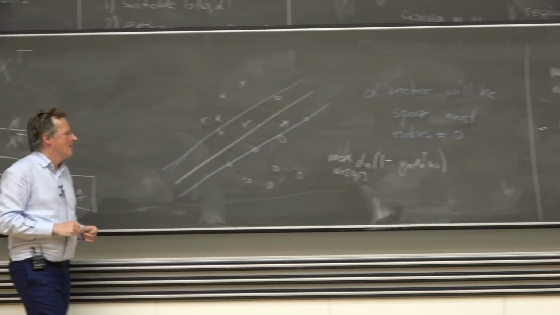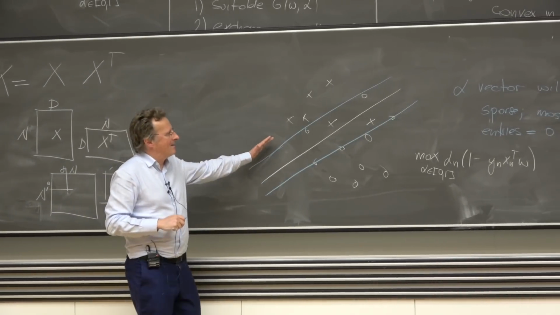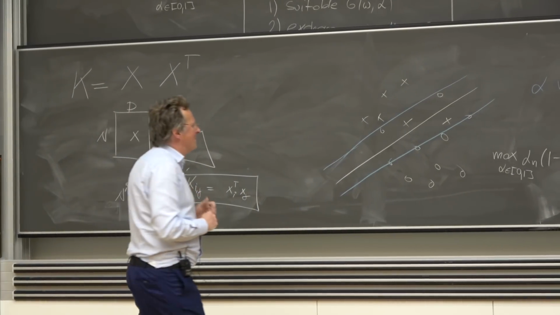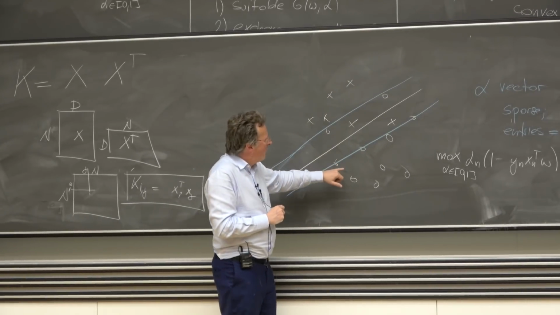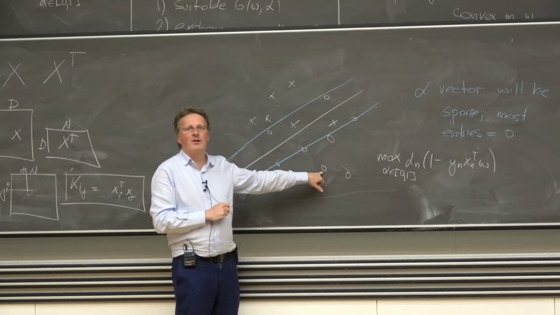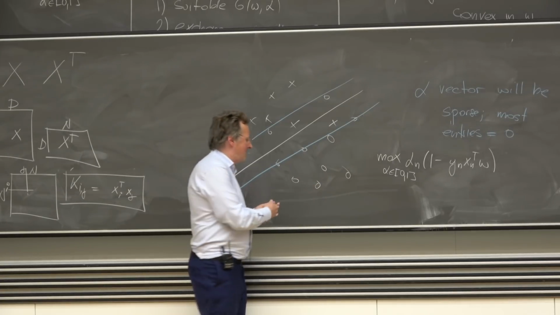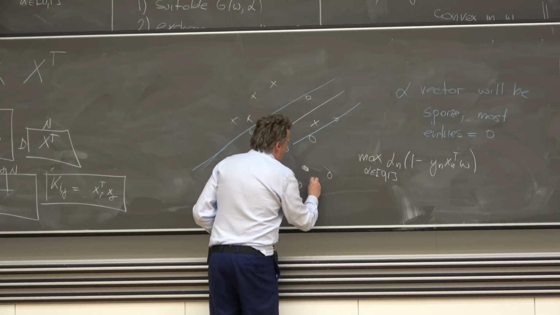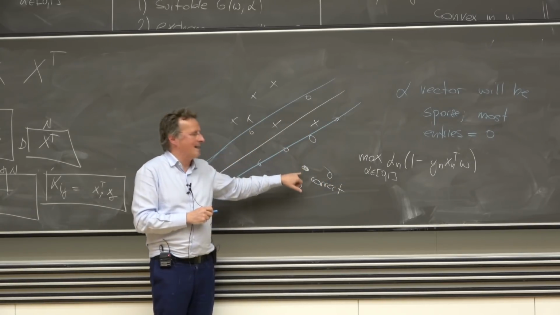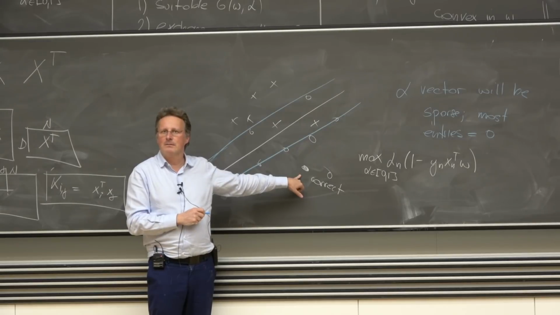This goes back to what we talked about beforehand, but now we see a more explicit interpretation. Let us pick a point, for example, here. This point would be on the correct side, and it's outside the margin.